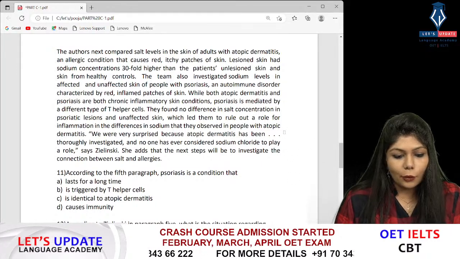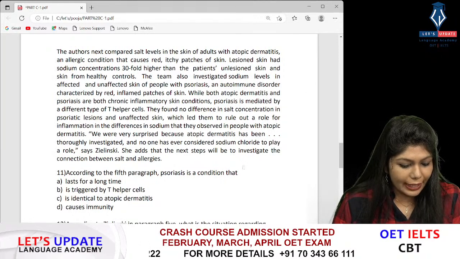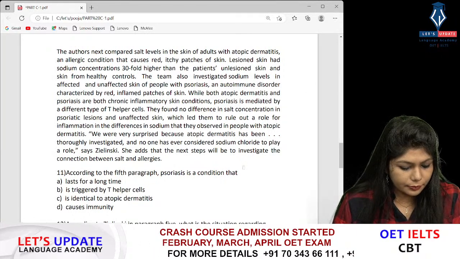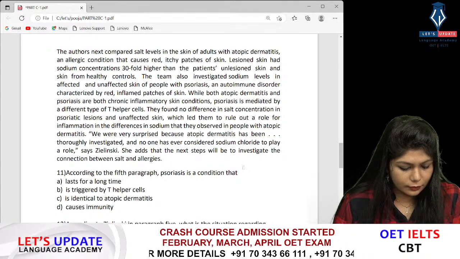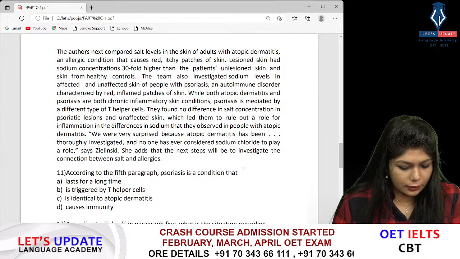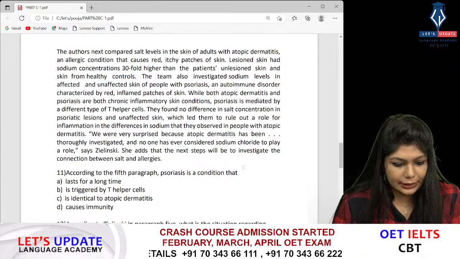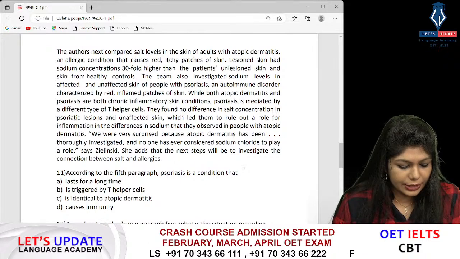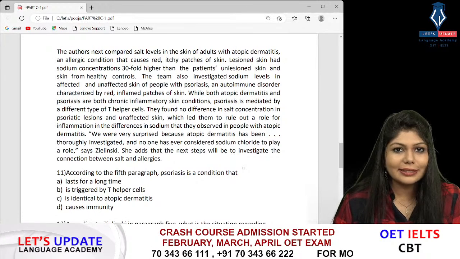Okay, so let's see what your answers are. Sabita has responded with option B as the answer, and Shafra has also responded with B. Is there any other answer?